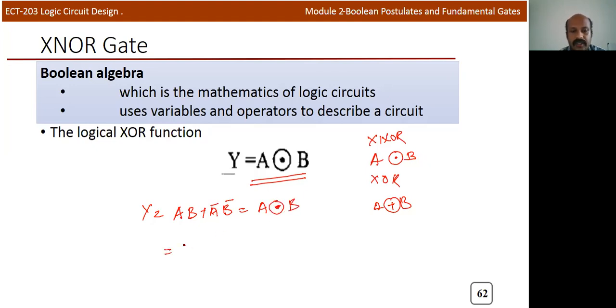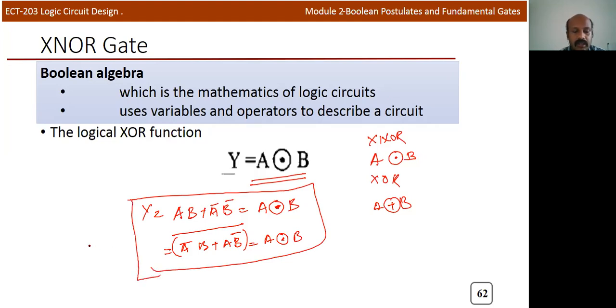Or you can write it as A bar B plus A B bar, the whole bar. In this way also you can represent XNOR, because it is the XOR operation followed by a NOT, that is XNOR. So we can represent XNOR in two ways. We need to remember this relation also. This is a very important key point you need to note down.